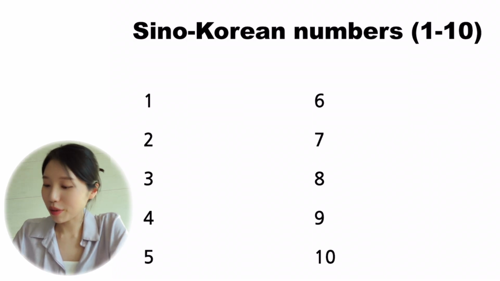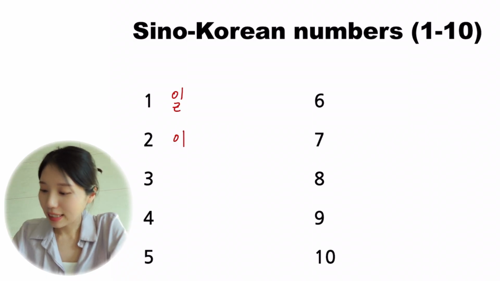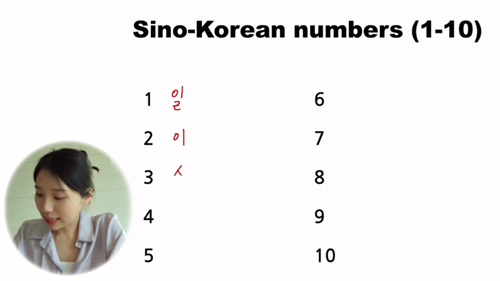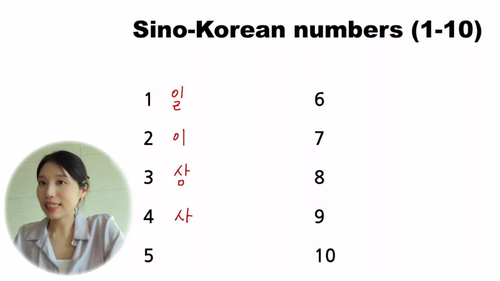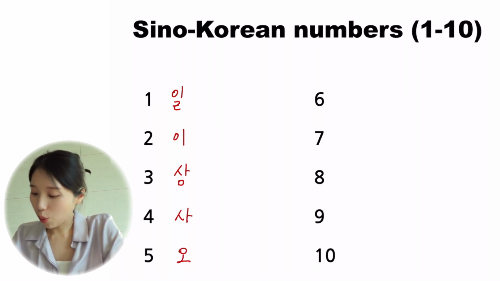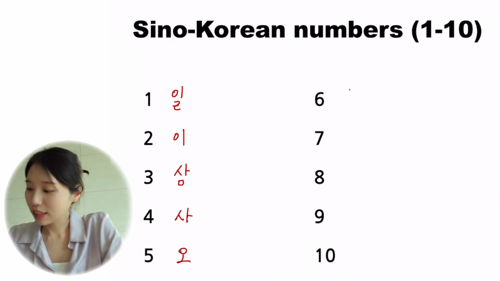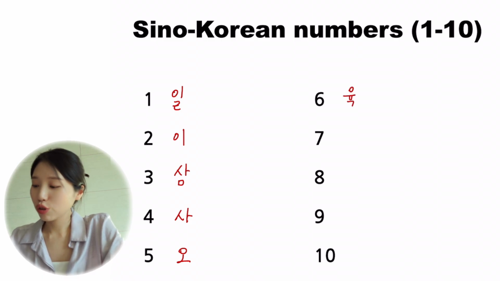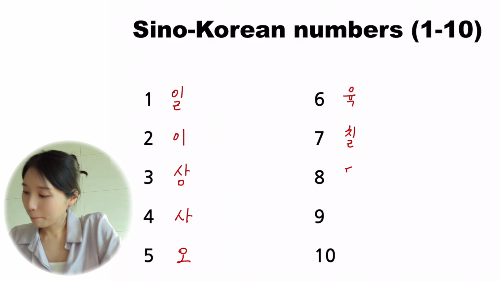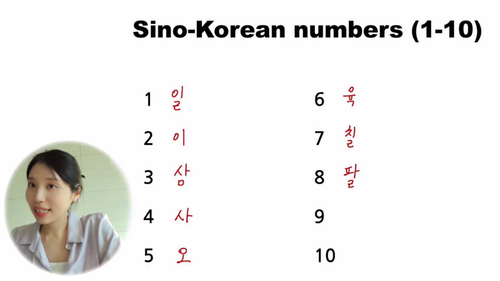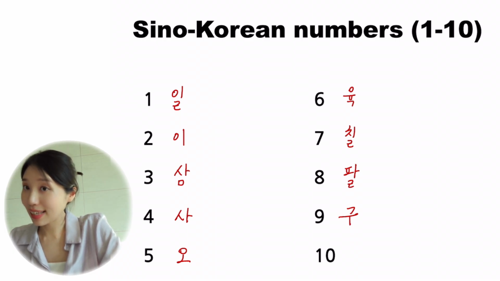1 in Sino-Korean numbers is 일, and 2, 이, 3, 삼, 4, 사, 5, 오, 6, 육, 7, 칠, 8, 팔, 9, 구, and 10, 십.